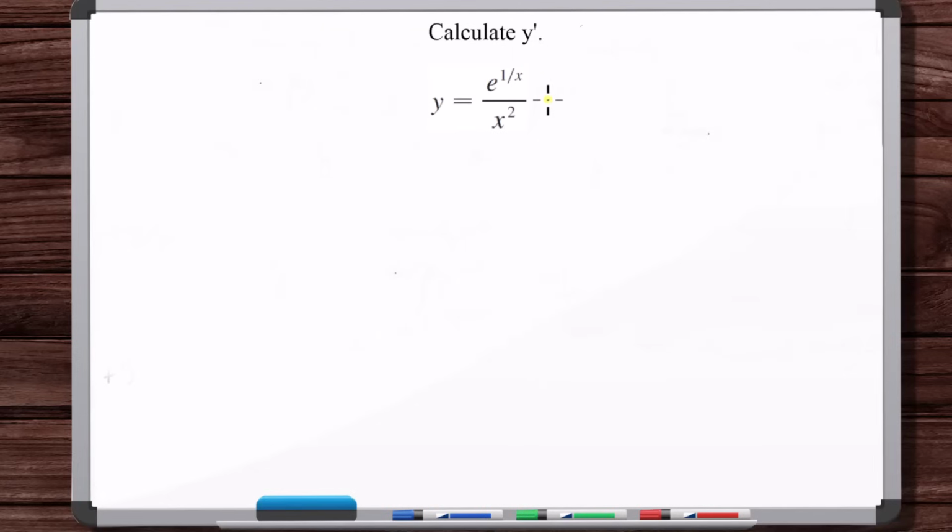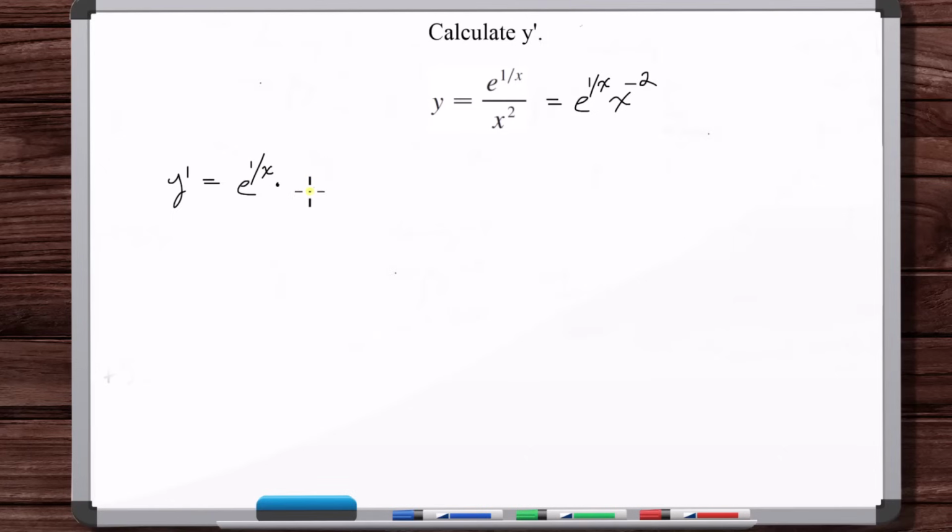Okay, we can write this as and use the product rule. So derivative of the first. What is the derivative of e to the 1 over x? We need to use the chain rule. So the derivative of e to the something is just e to that something times the derivative of that something.